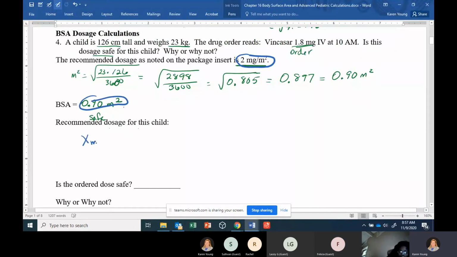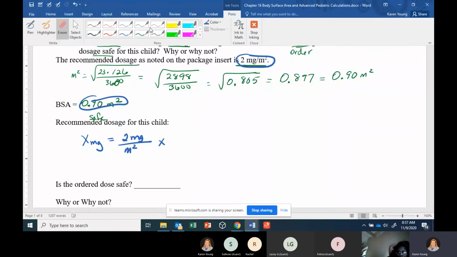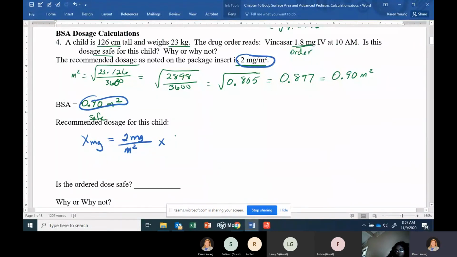So the safe dosage, and I want it in milligrams, is 2 milligrams per meter squared times the 0.9 meters squared over 1. So my meter squareds cancel, and I've got 2 times 0.9, which gives me 1.8 milligrams. So this is my safe dose.